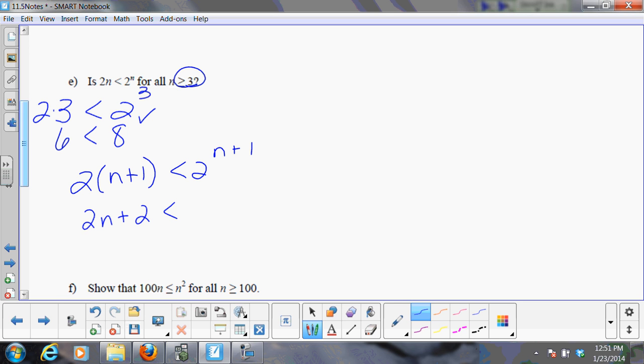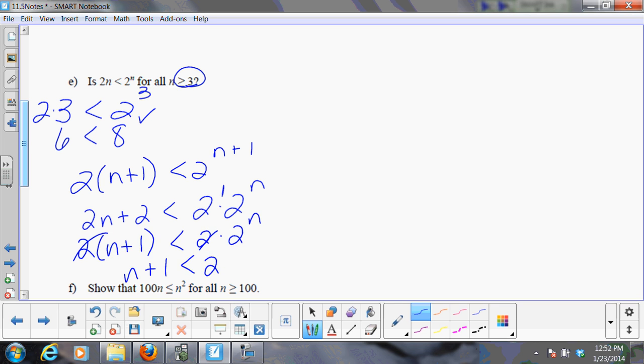This side, I can split this up as 2 times 2 to the n. Which means I can factor a 2 out of this side. And these 2s go away. Now I have n plus 1 is less than 2 to the n. Multiplying a number by 2 is greater than adding it by 2, which is true. So yes.